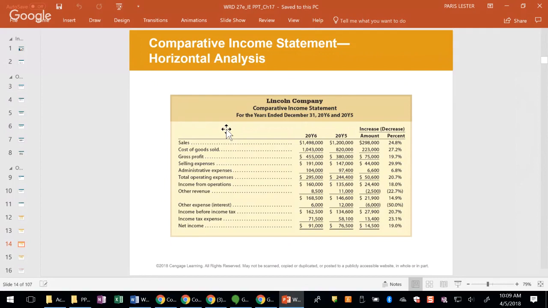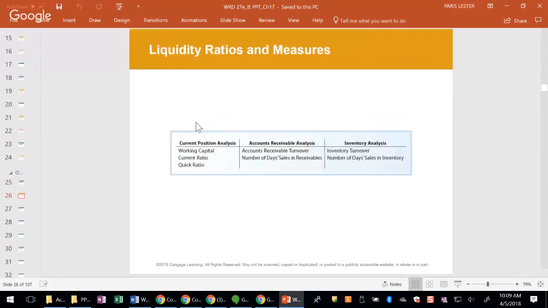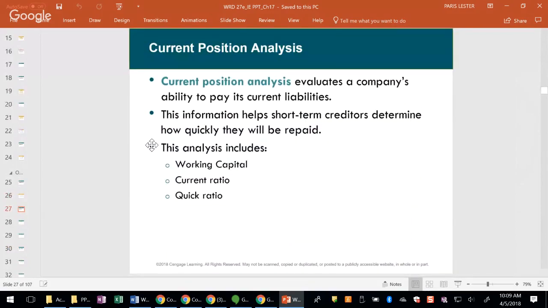All right. These ratios you've been doing along the way. I want to show you a couple here. You've had these three ratios: working capital, current assets minus current liability; current ratio, current assets over current liability; acid test ratio or quick ratio, same thing. Your current assets minus inventory over current liability.